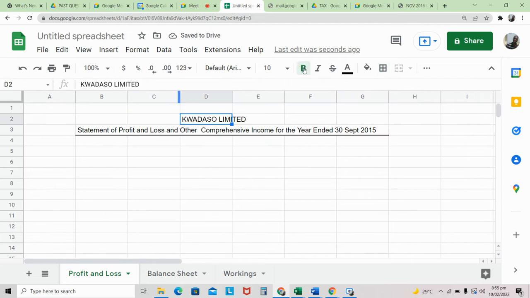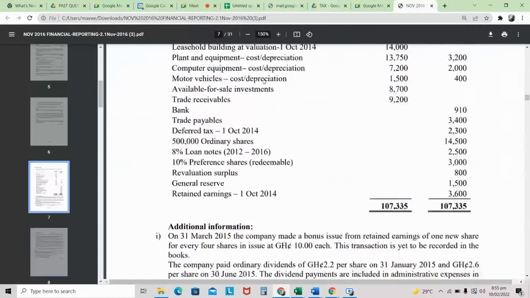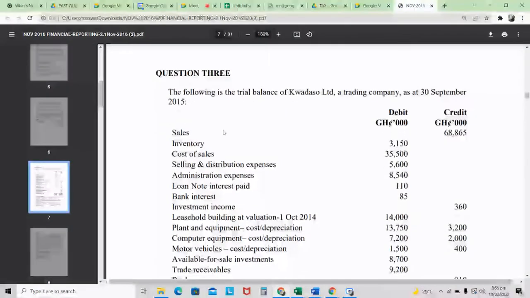Then you go to your trial balance. You just pick all the items that you think should be in the income statement.